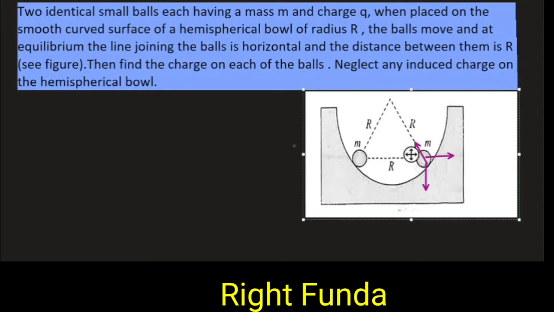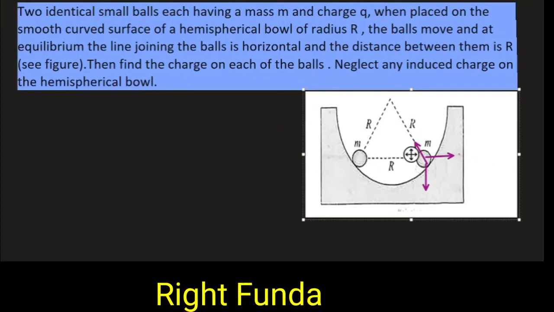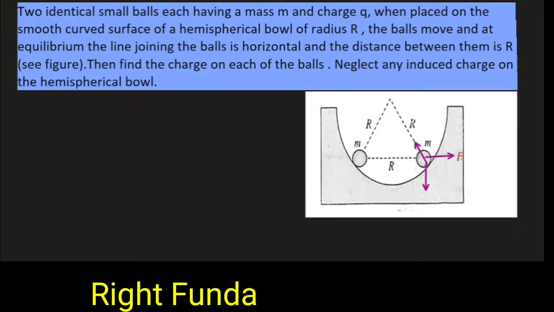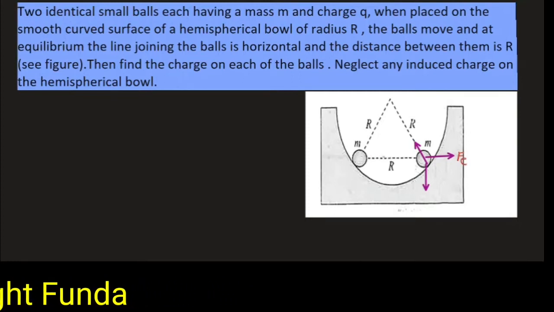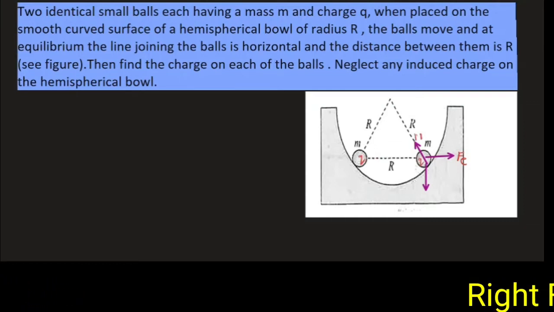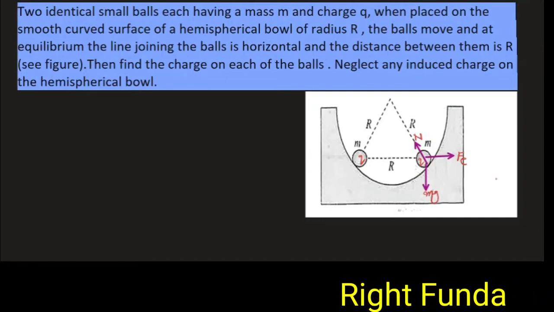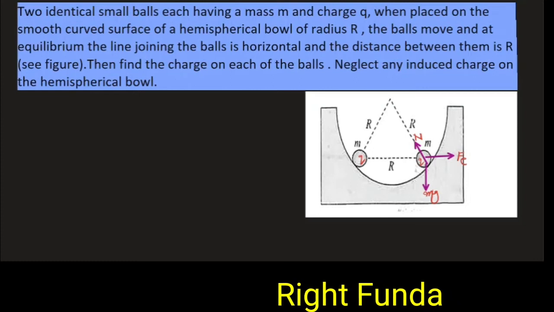So if I write the values, this is Fe, the electrostatic force between the two, as they repel each other. The charge on this is q, and the charge on this is q. This is my normal reaction and this is my mg. Is there any other force? No, there are no other forces. In the ground reference, the three forces are there. Smooth is given.